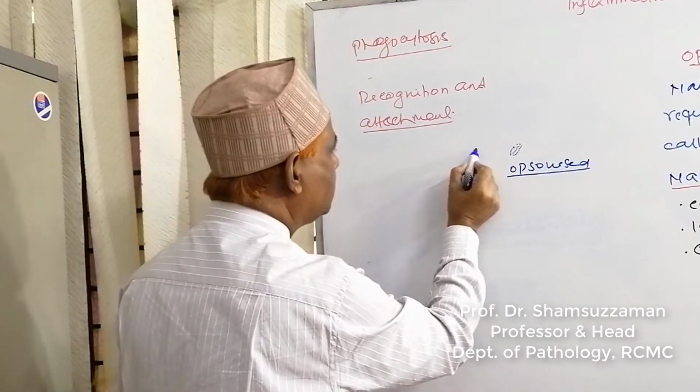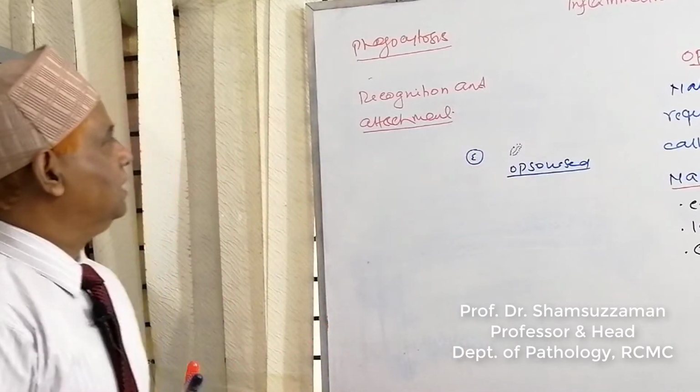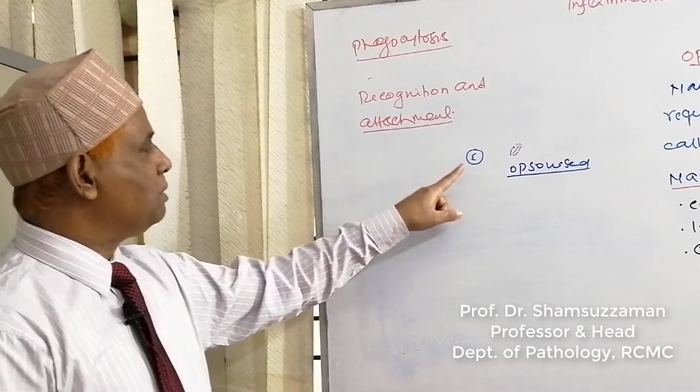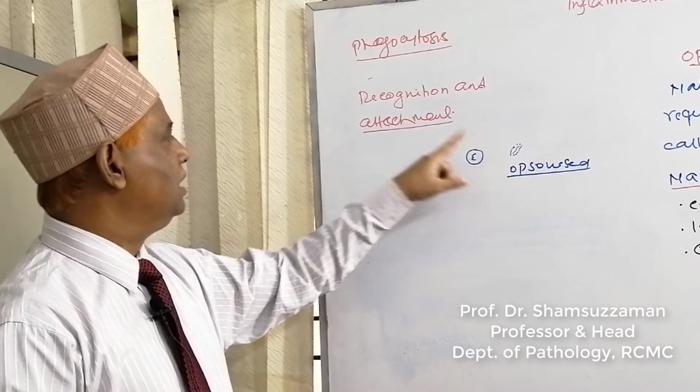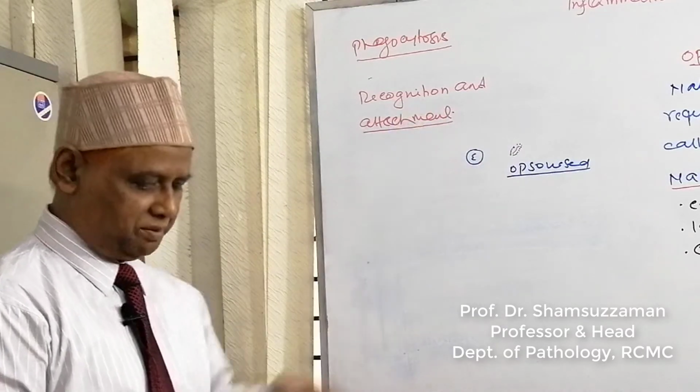And this is the neutrophil or acute inflammatory cell. How does the acute inflammatory cell recognize it and then attach with it? This is recognition and attachment.